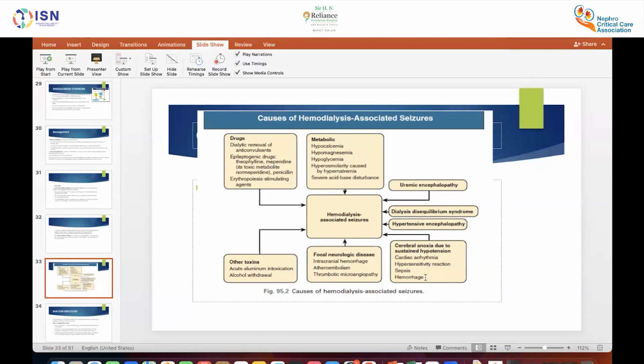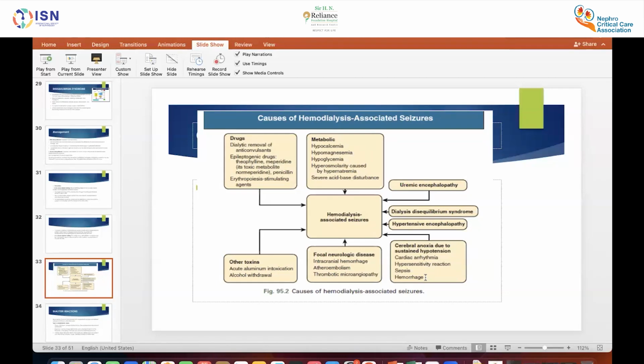inappropriate hypocalcemia. Why is it called inappropriate hypocalcemia? The calcium level might be a little lower than normal, or in the low range. But when you start the dialysis, there are two fractions of calcium in your blood: one is the bound fraction, bound to albumin, and the other is the ionized fraction, the ionic calcium.